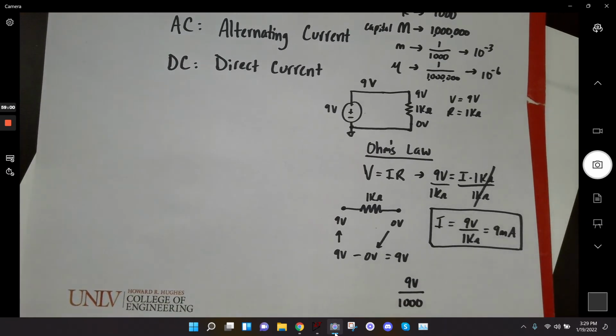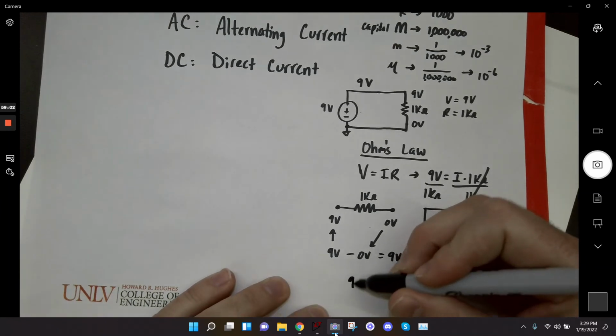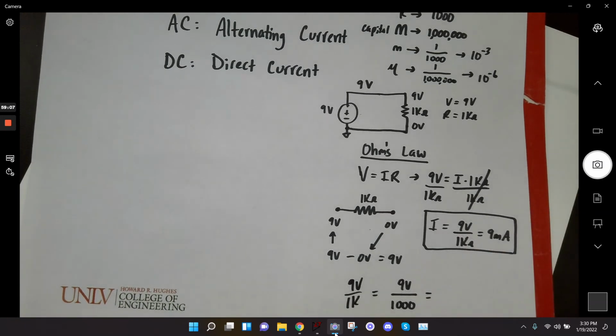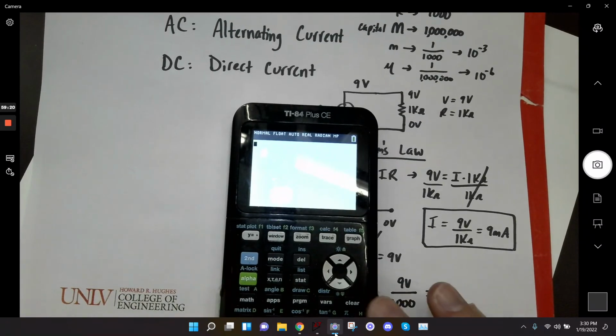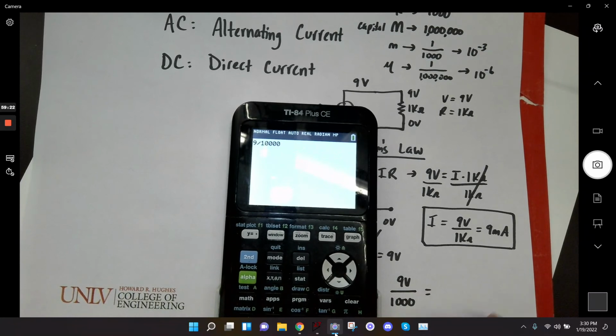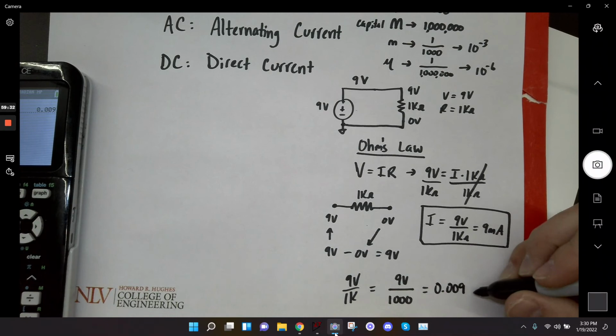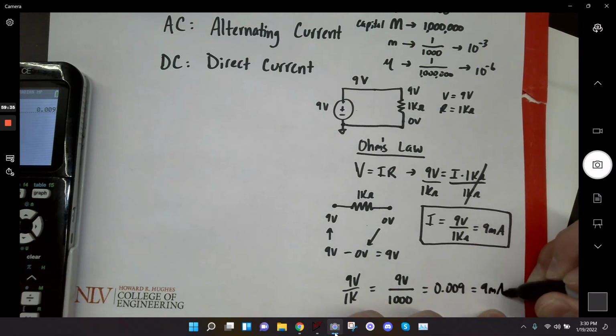All right, so 9 volts divided by 1K is equal to 9 volts divided by 1,000, which is, so if I put that on my calculator, I mean, I know what it is, but I just want to show you guys. That gives me 0.009. Which means I have 9 milliamps.